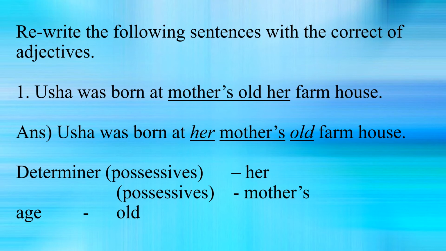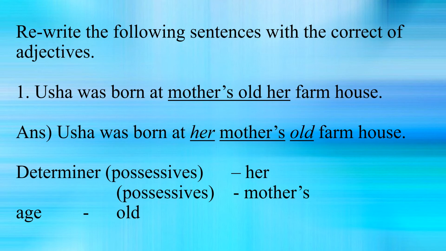Let us try to rewrite the sentences which are incorrect. Incorrect because of the wrong arrangement of the words in the phrase. First, let us try to identify the adjective phrase. So look at this first example. Usha was born at mother's old her farm house. So the words in the underlined part are the adjectives, and it can be called an adjective phrase.